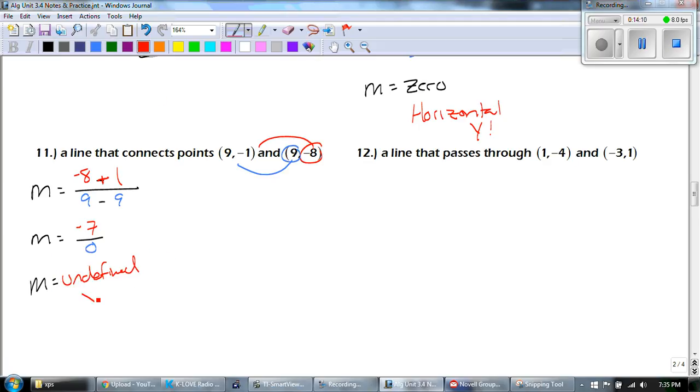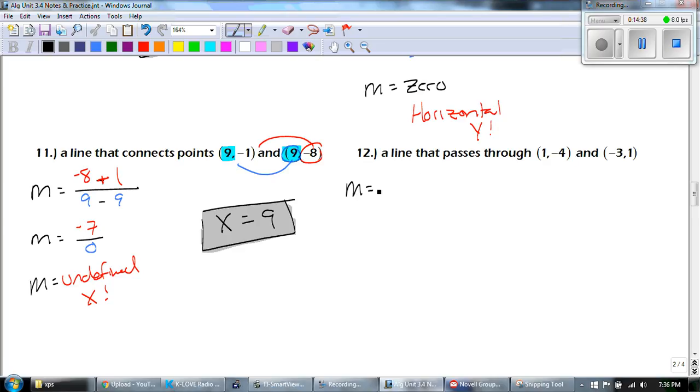Undefined, I know that it's an x graph. So what does x equal? Well, you tell me. Yep. X equals 9. Remember, we know it's undefined because the 0 was underneath. Okay, little reminder.